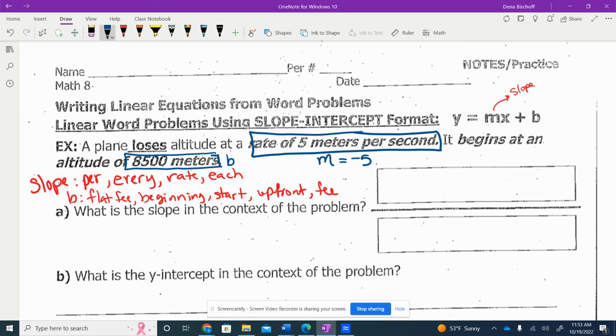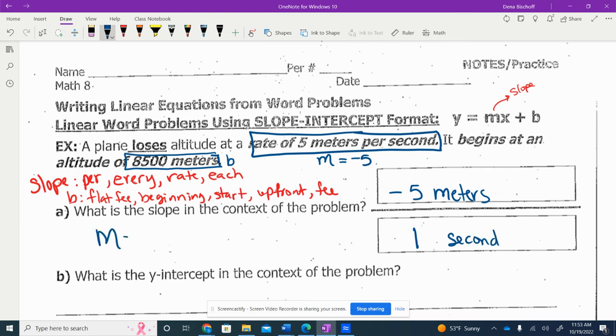The y-intercept. Okay. So it says, what is the slope in context of the problem? Well, I'm going to write it as a fraction, -5. It's not feet, it's meters. We're going down 5 meters every 1 second.